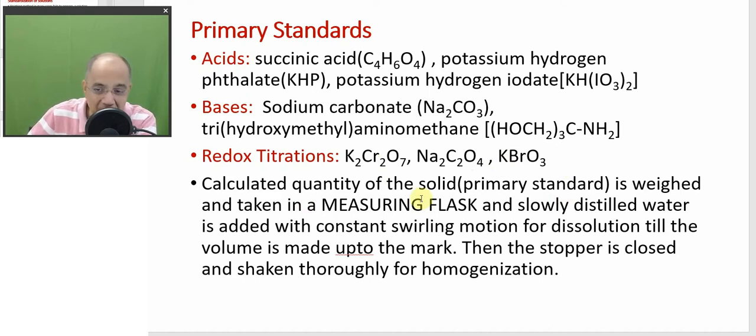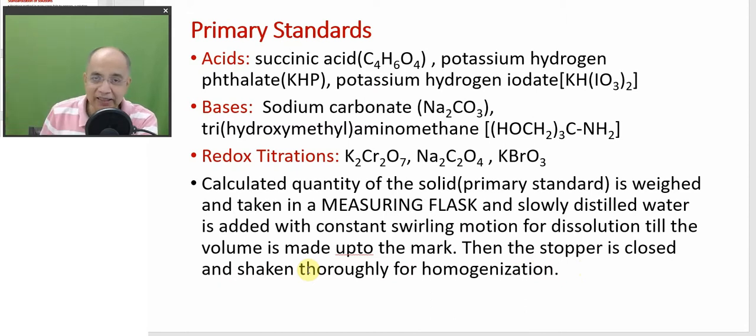So a calculated quantity of the solid, that is the primary standard, is weighed accurately in a digital weighing balance and taken in a measuring flask, and slowly distilled water is added with constant swirling motion for dissolution till the volume is made up to the mark.